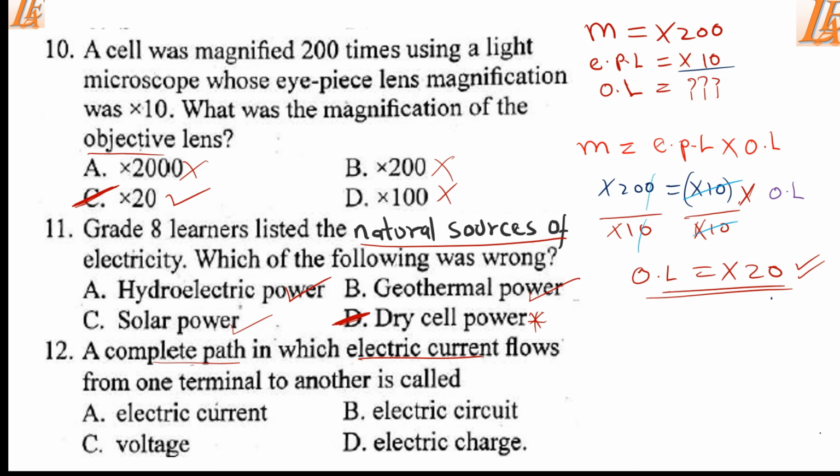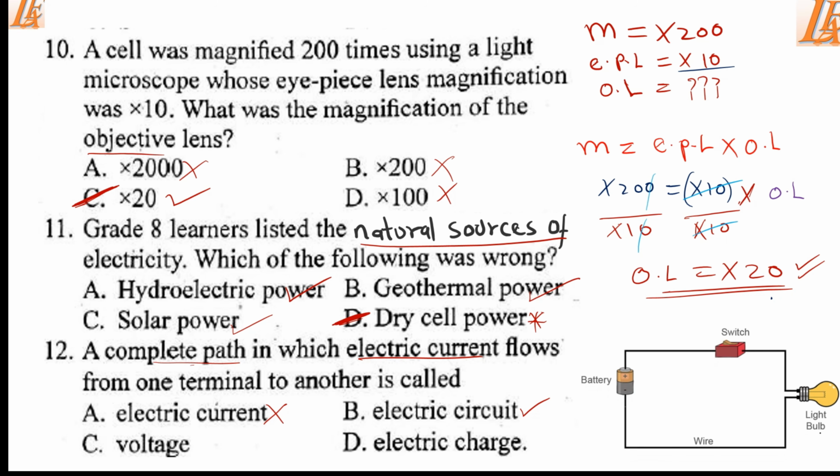Electric circuit, this one is correct because a complete path like this one you can see here, where a current which comes from the positive terminal flows in a complete path from the positive terminal to the negative terminal. That's what we call an electric circuit.